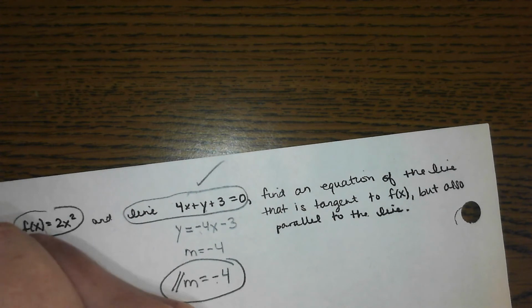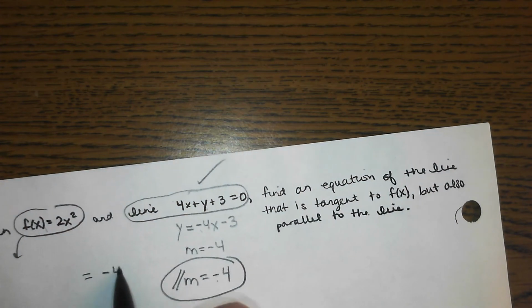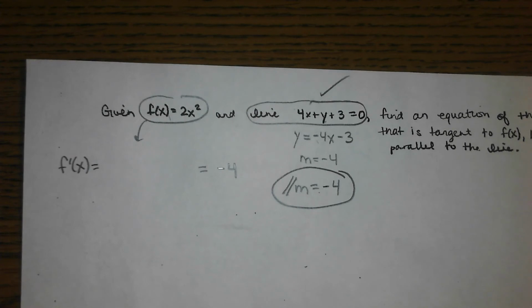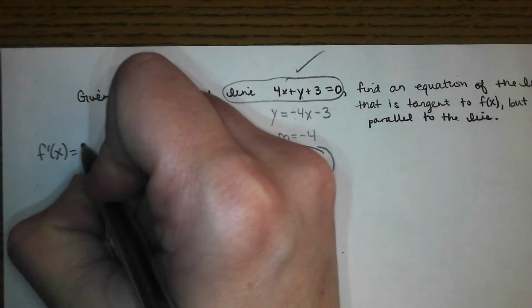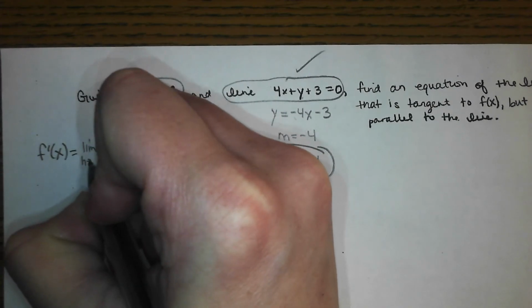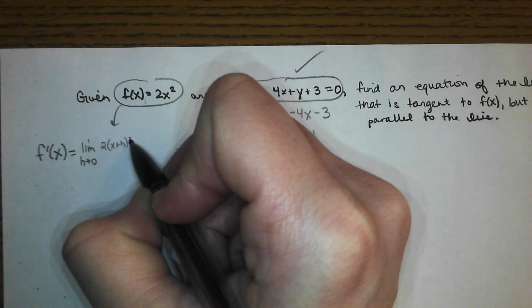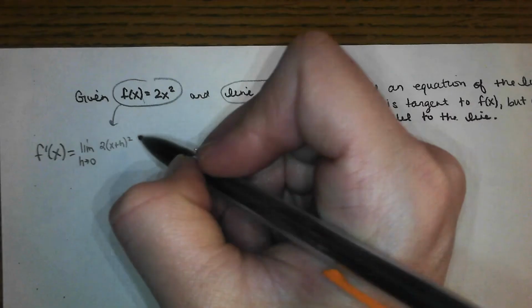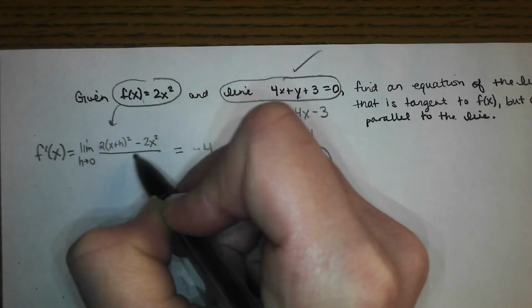So let's find f prime of x. And once we do that, we're going to set it equal to -4. And we'll actually figure out where this x value is. So our limit as h approaches 0, f of x plus h looks like that, minus f of x looks like that, all over h.